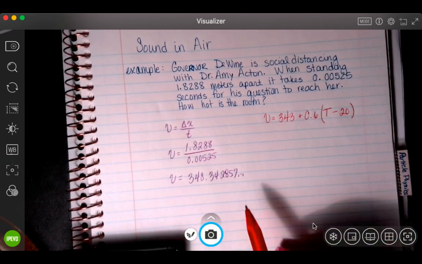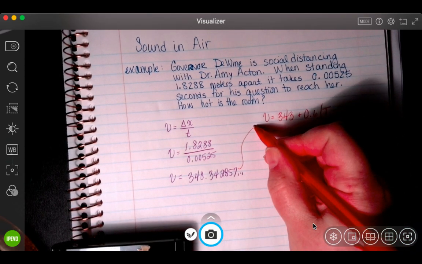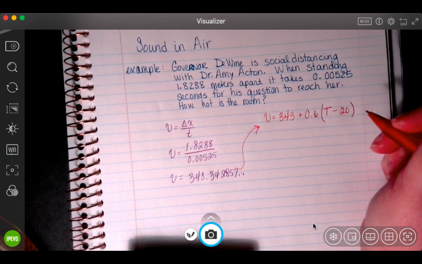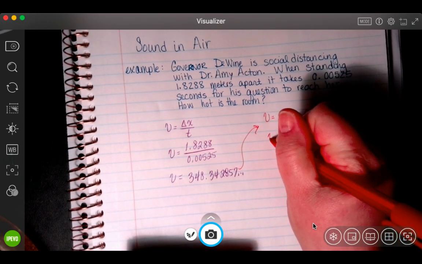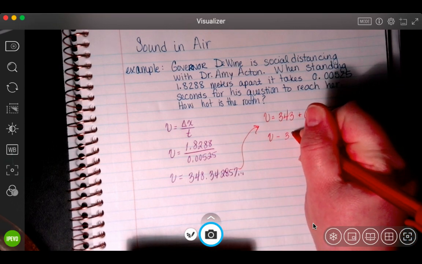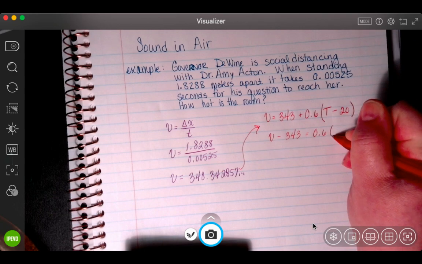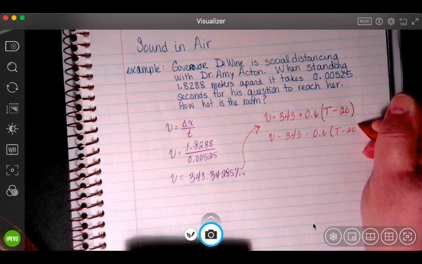And then we can use that number for our velocity to figure out the temperature. So I'm going to do a little rearranging first, which is to say, take my velocity minus 343, which would equal my 0.6 times the temperature minus 20.